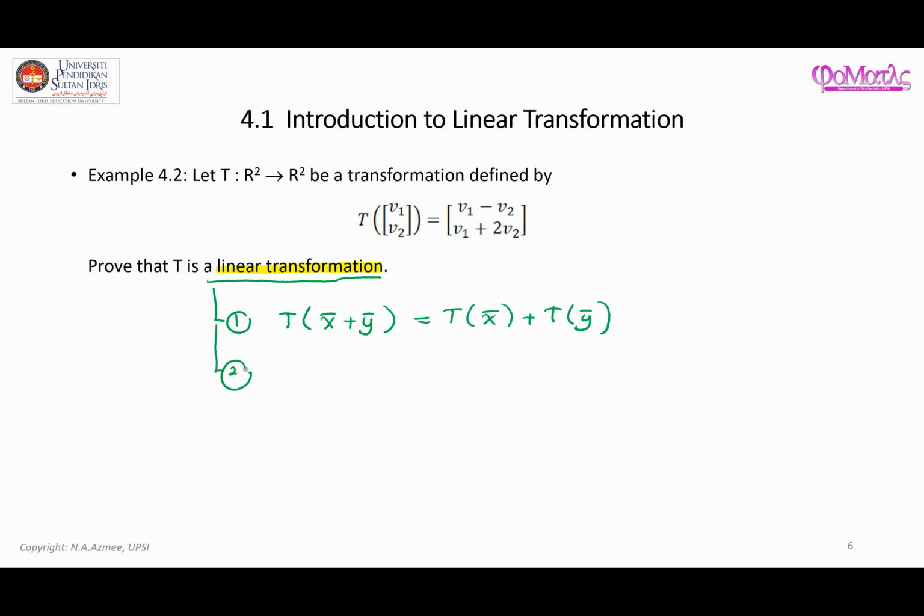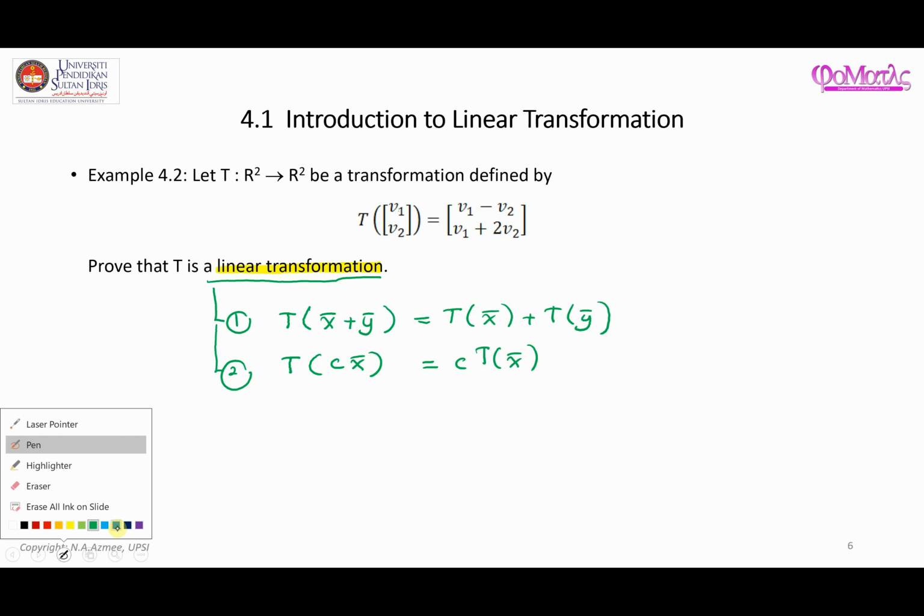The second condition is you have to show that when you have input of a scalar and vector given to a transformation function, the result should be equal to C times this guy here. Okay, so these are the two conditions that we have to show, and in order to do that, we are going to start creating these two vectors first.